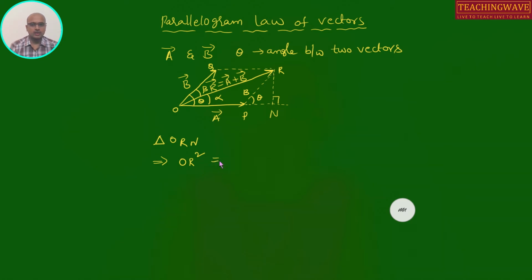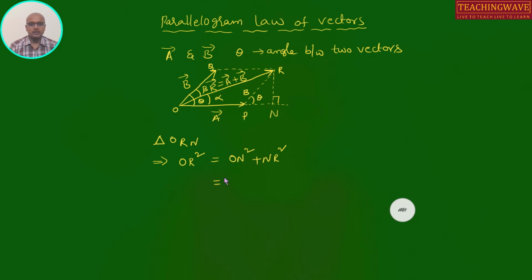Hypotenuse square is equivalent to side square plus side square. That means adjacent square plus opposite square in the triangle ORN. That means OR square is equivalent to ON square plus NR square.